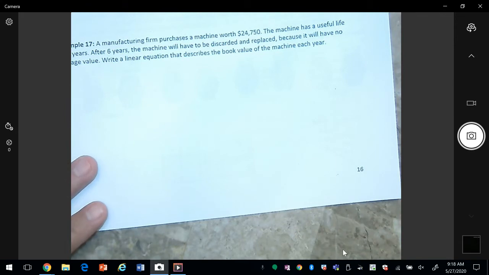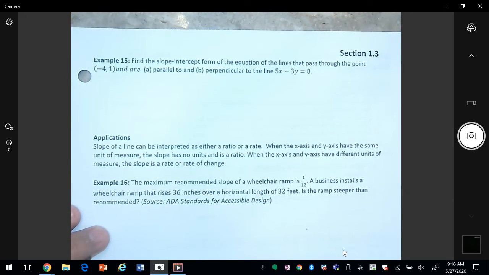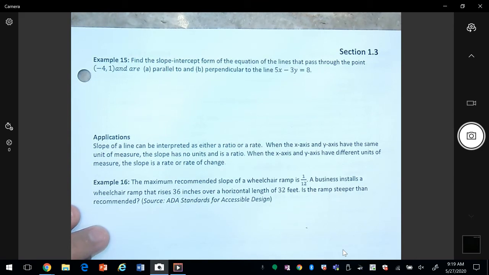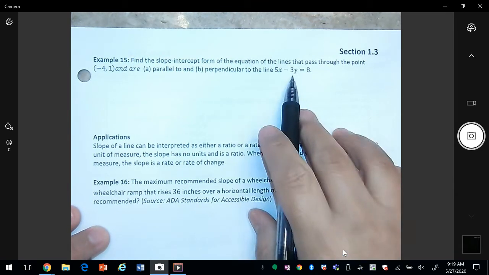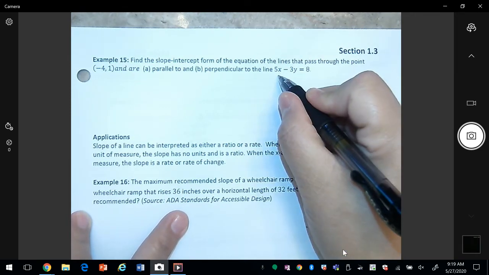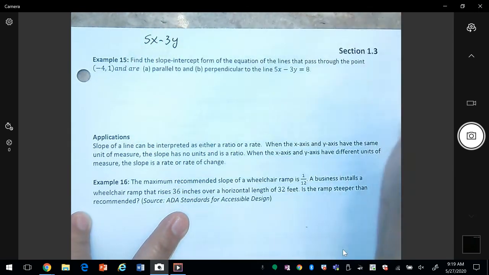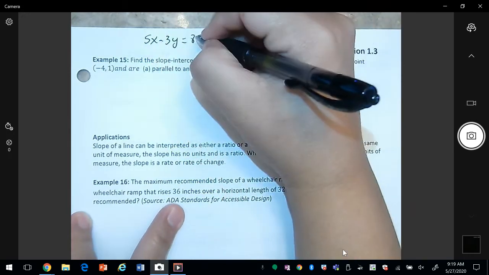Let's go to the next page. Find the slope-intercept form of the line that passes through the point (-4, 1) and is parallel and perpendicular to this other line. So the first thing we want to do is figure out what the slope is that we're working with. And so if I have this line here, 5x minus 3y equals 8, I need to find the slope.